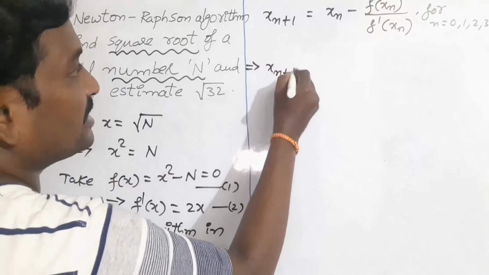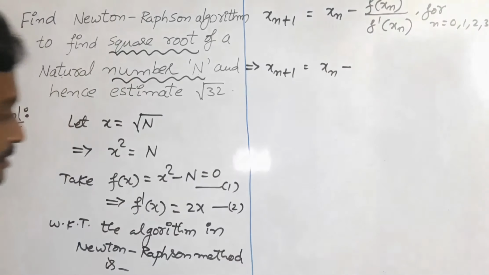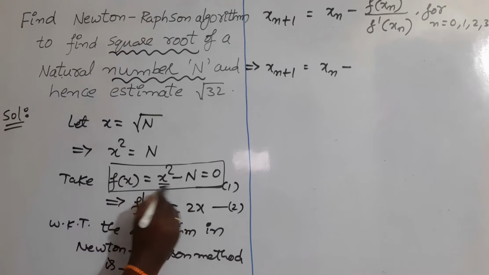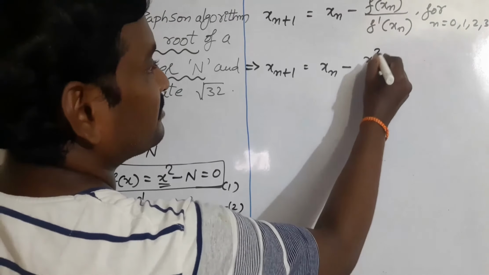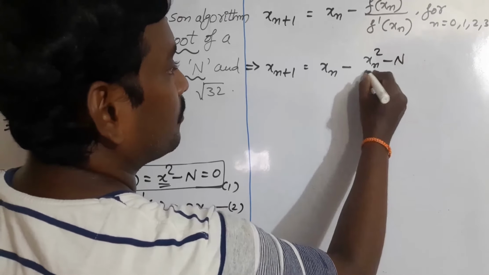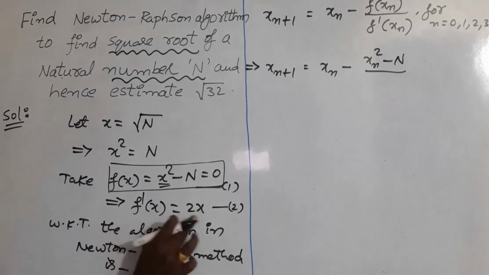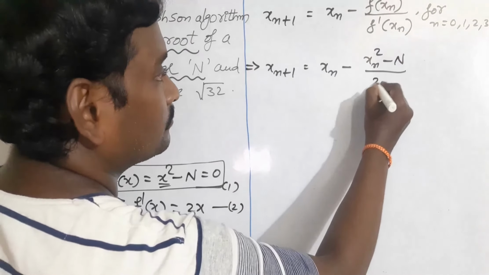So x n plus 1 is equal to x n minus, what is f of x n? In our f of x, whenever we have x, replace it by x n. So you will get x n square minus capital N over f dash of x n. So replace x by x n in f dash of x. You will get 2 x n.